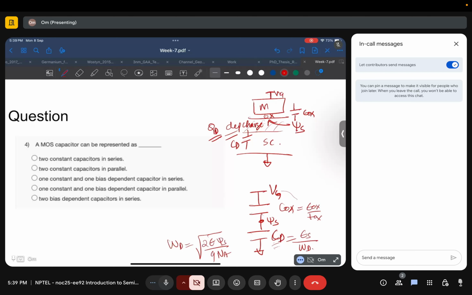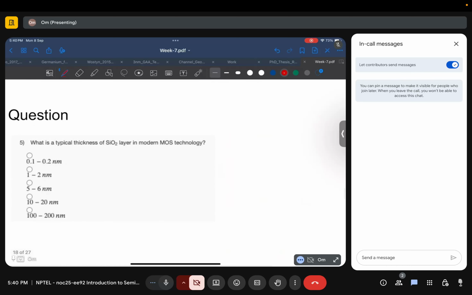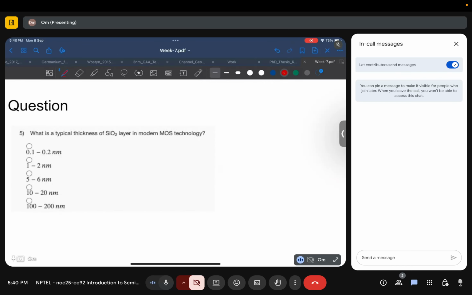So your CD is a voltage dependent, bias dependent capacitance. So you have one fixed capacitance, one bias dependent capacitance, both in series. So the answer to this will be option C. Okay, let's look at the next question. Please try to think about it.